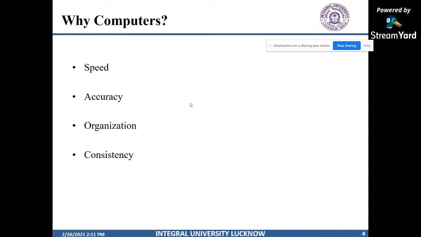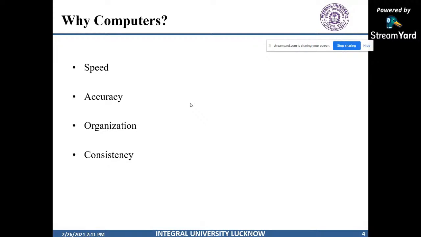If there are complex calculations which can take a lot of time, by using computers we can perform those calculations within a minute or in a few seconds.